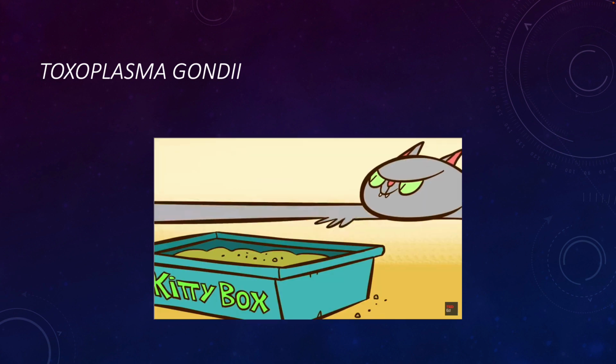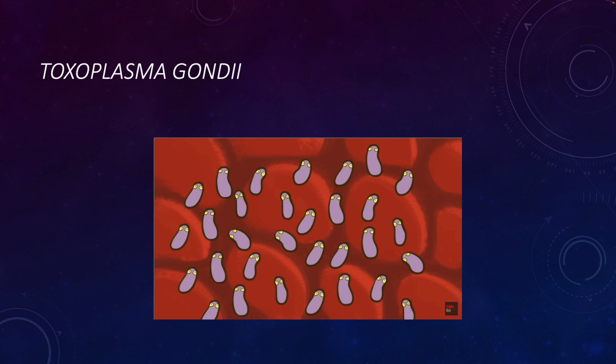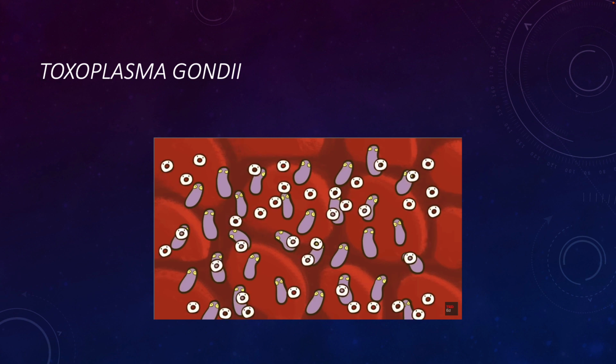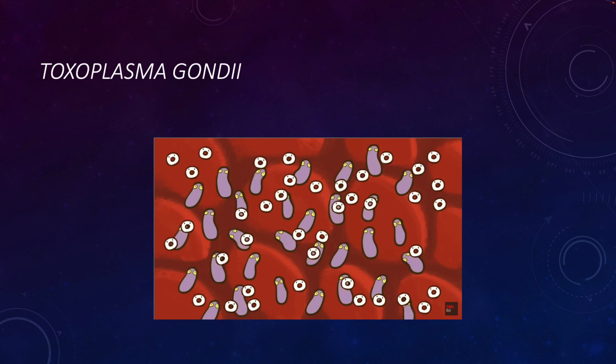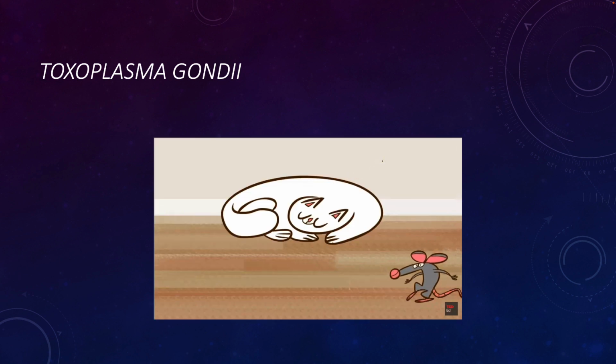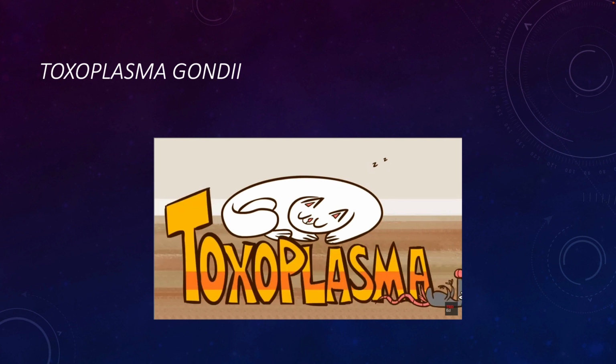If the mouse gets eaten by a cat, the tissue cysts become active and release offspring that mate to form new oocysts, completing the cycle. But there's a problem. A mouse's natural desire to avoid a cat makes it tough to close this loop. Toxoplasma has a solution for that.